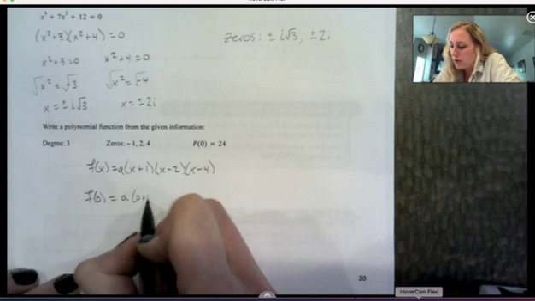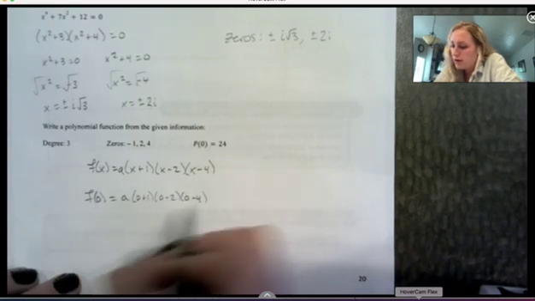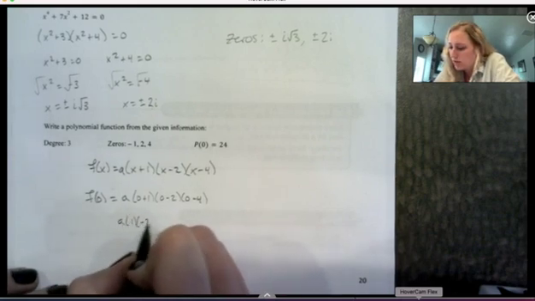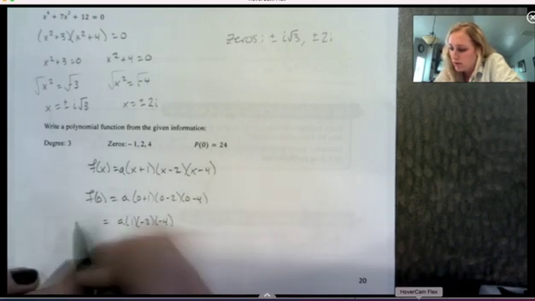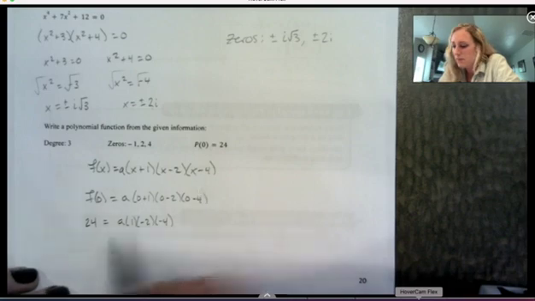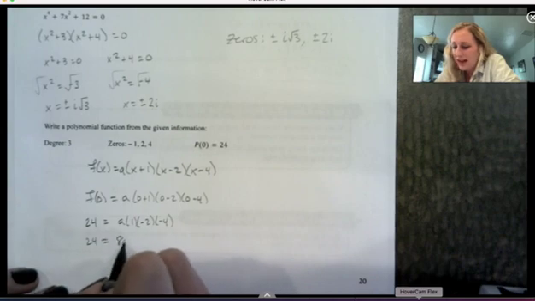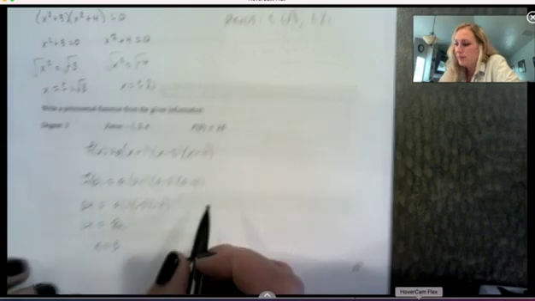So 0 plus 1, 0 minus 2, 0 minus 4. Order of operations, do all the parentheses first. So I have a times 1 times negative 2 times negative 4 equals 24, which is what we want it to equal. Negative 2 times negative 4 is 8, so we have 24 equals 8 times a, divide by 8, so a must be 3.